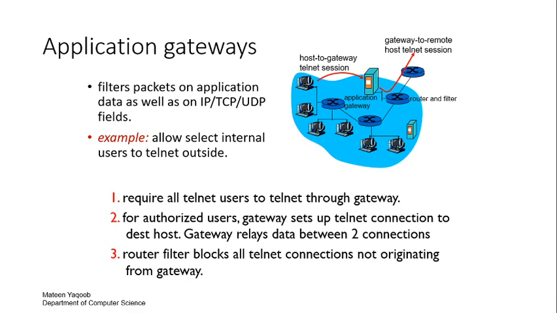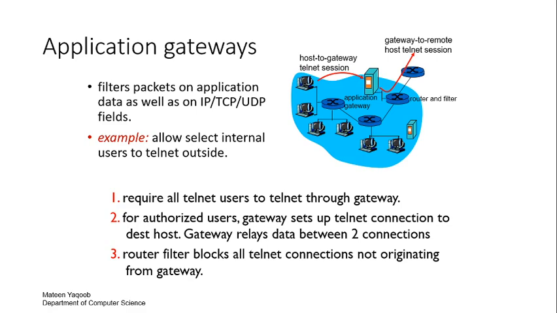Let's see how an application gateway is implemented to let users use only a telnet session to the outside. The first step is to require all telnet users to telnet through the application gateway. So all outbound connections, or requests for public internet connections, going from the internal network will go through the application gateway, which makes the connection on behalf of the user.